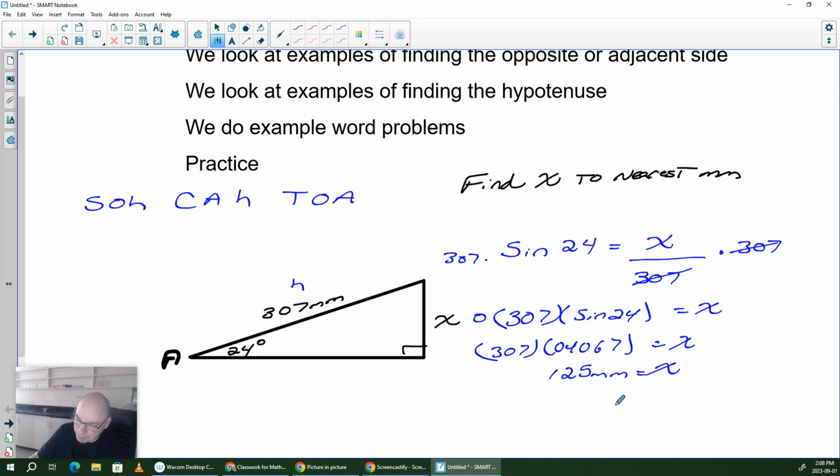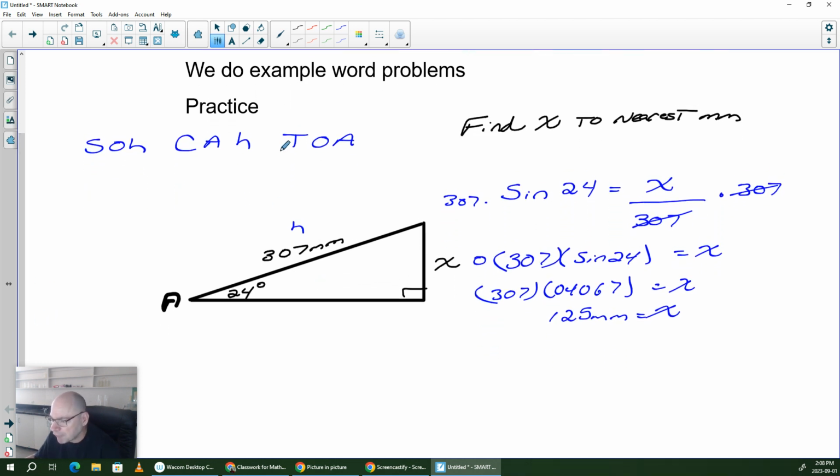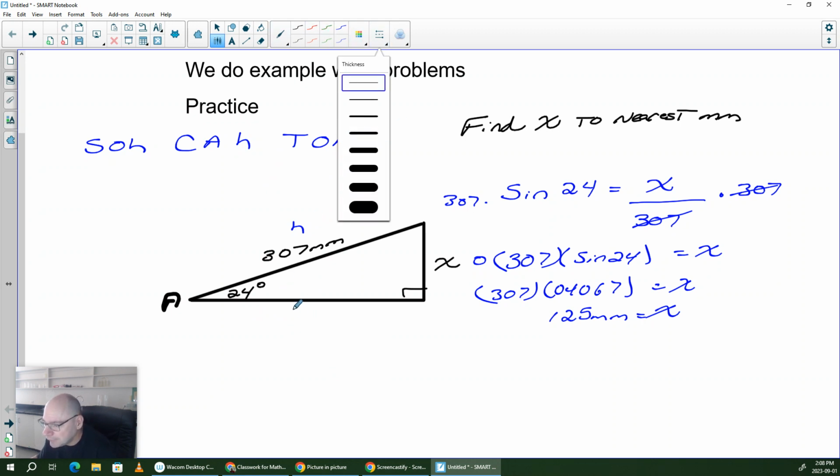Okay, so that's an example of using our sine value and finding an opposite or adjacent side. If I had said on the same diagram, let's do this one in green, W is down here.